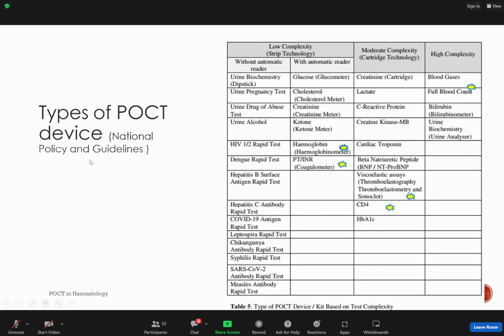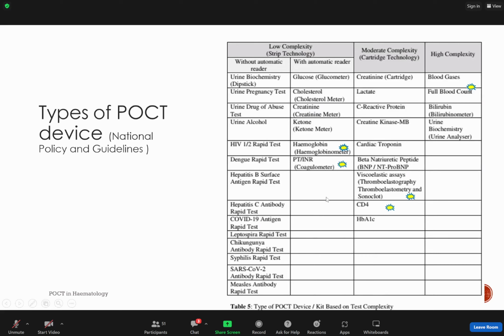You can find this in the national policy and guidelines. We follow the journal: low complexity, moderate complexity, and high complexity. As for low complexity, we can divide into without automatic reader and with automatic reader.